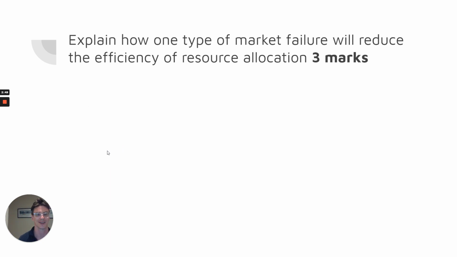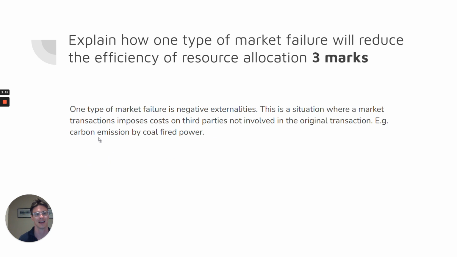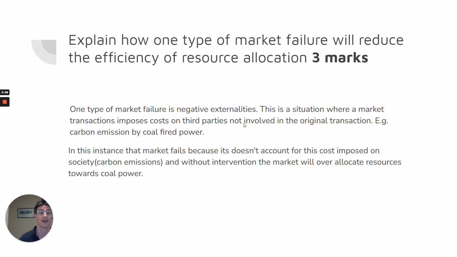All right, so let me show you my answer. I've done negative externalities. I've said it's a situation where a market transaction imposes a cost on third parties who are not involved in the transaction. You can give an example, you don't have to. It just adds weight to your answer. So carbon emissions by coal-fired power. I've said this market fails because it doesn't account for the carbon that it emits into the environment when the coal-fired power plant turns on its burner.